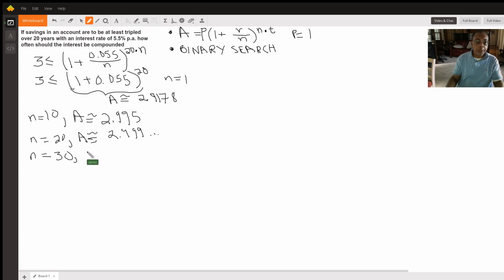And we're going to get, lo and behold, in this case, all of a sudden now, A has broken 3. We're now over the value of 3, which was our target. So it doesn't much matter how much over 3 it is. We know that n equals 30 does the job.